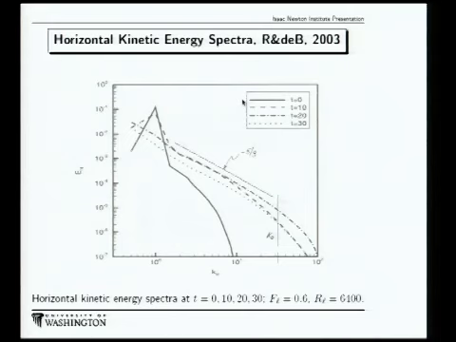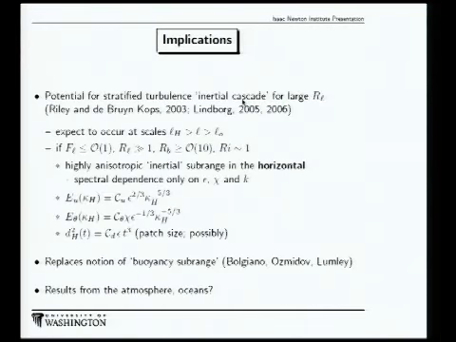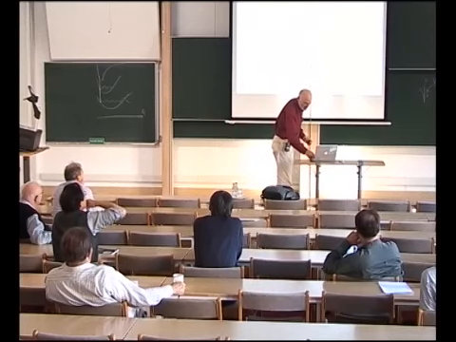At our final time, where the flow has decayed a lot, this minus 5/3 is roughly maintained. It doesn't look that much different, but we haven't really looked at it that much. This wasn't a real long study.